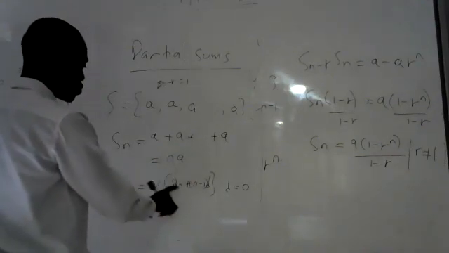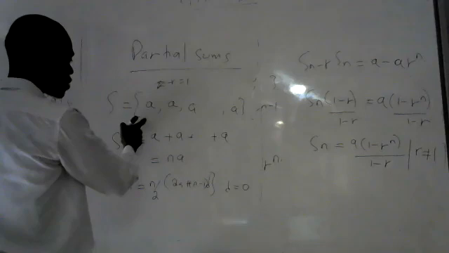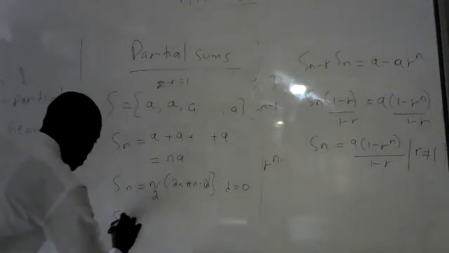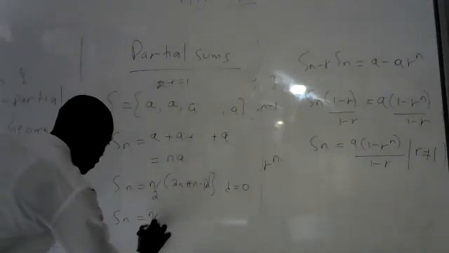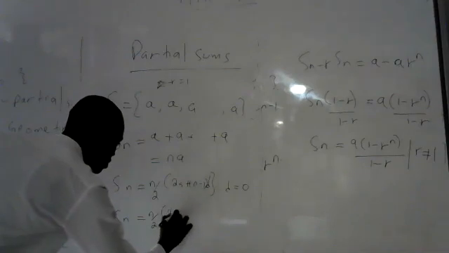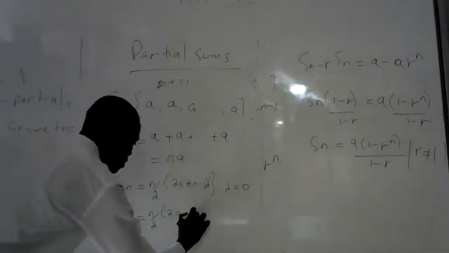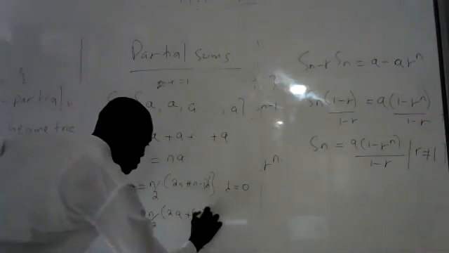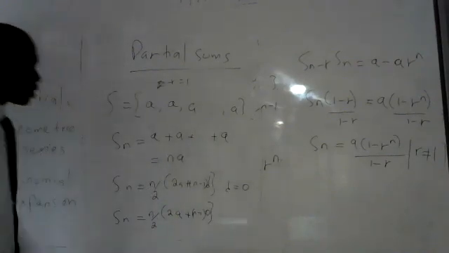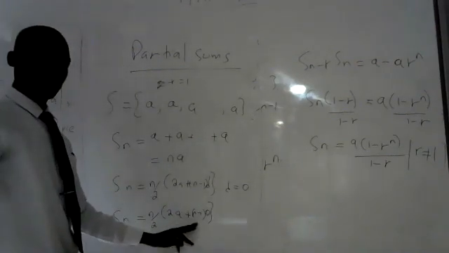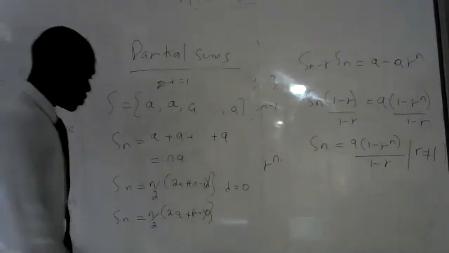So let us try to use this formula to find the sum of terms in this sequence. So Sn should be half of n multiplied by 2a plus n minus 1 times 0. What is n minus 1 times 0? 0. Good.